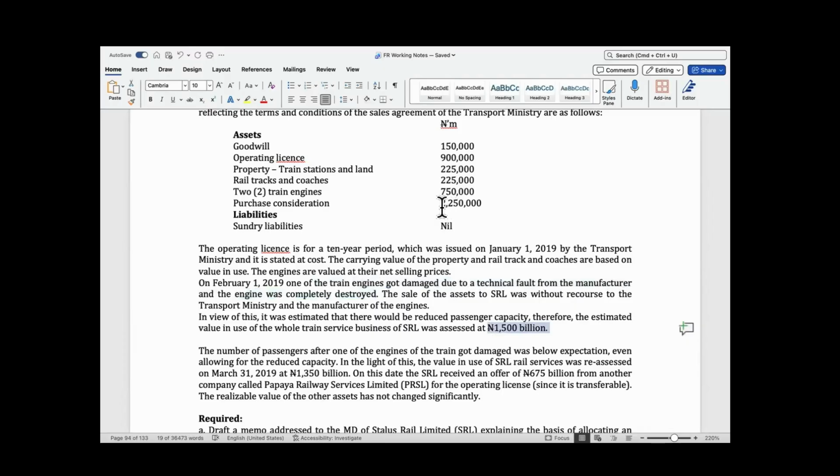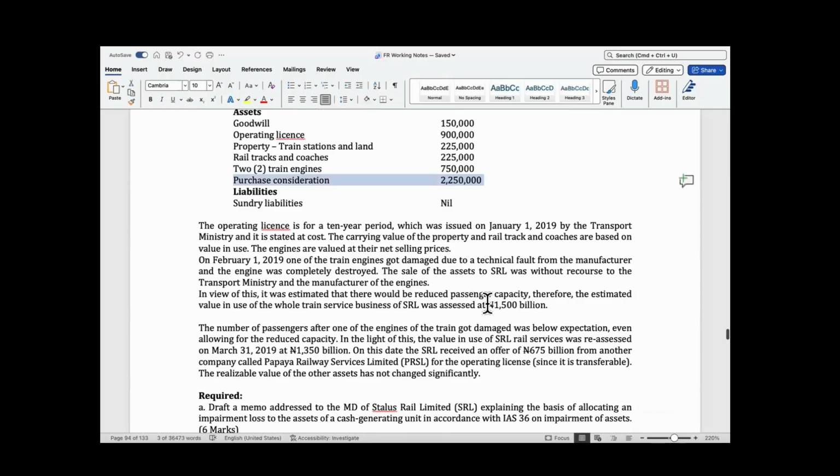From this, that's an impairment, obviously. The value of the old train station was this before, but because one of the engines got damaged, now the value is this. So we need to write down this value from this to this.